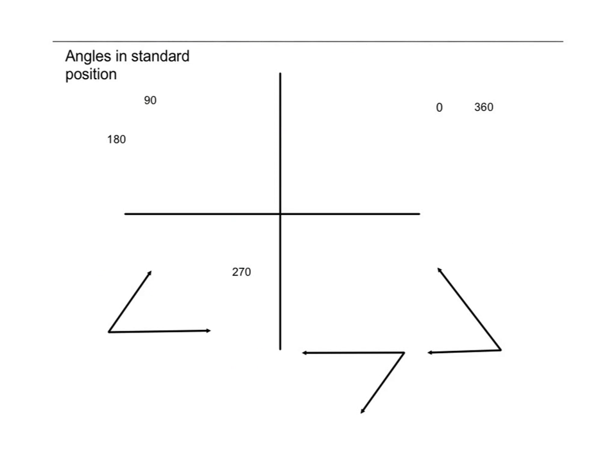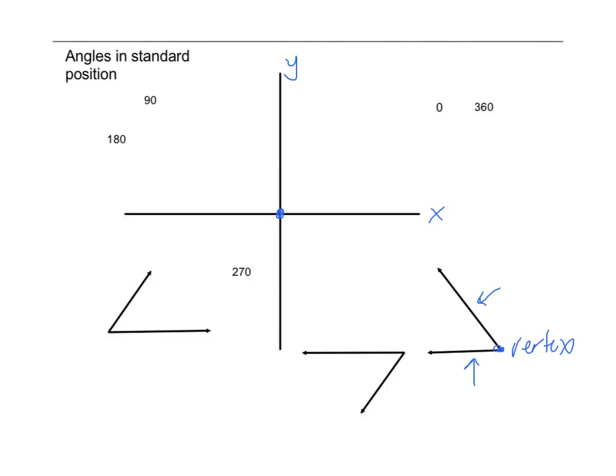If you recall from geometry once again, an angle is made of two rays that connect at a vertex. To put an angle in standard position, we know that this is the Cartesian coordinate plane, this is the x-axis, the y-axis, and this is the origin.